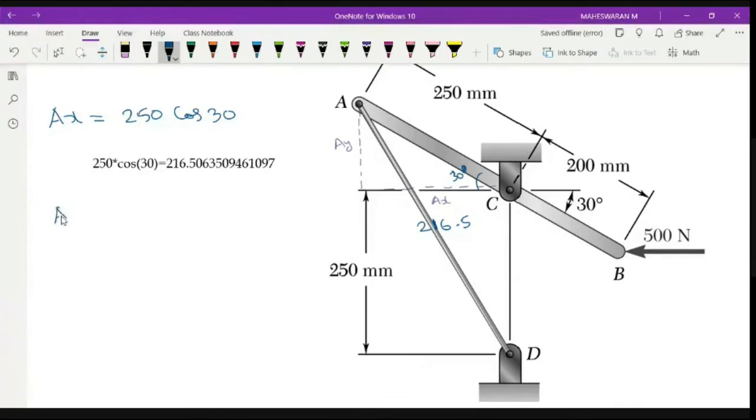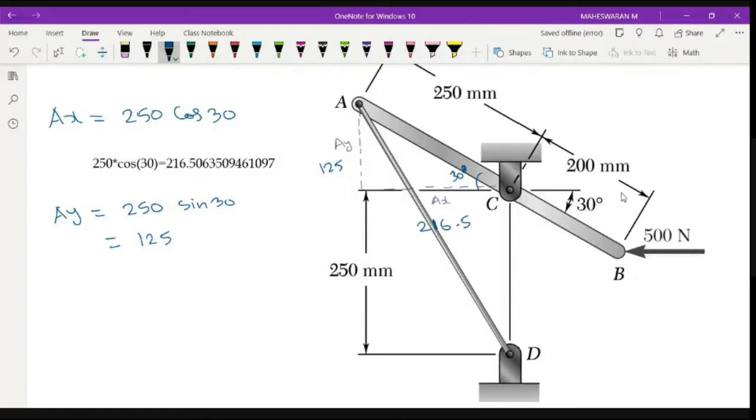Next, AY will be 250 sine 30. Sine 30 is around 125. So this is 125. I have converted these things, so this 250 I have converted.